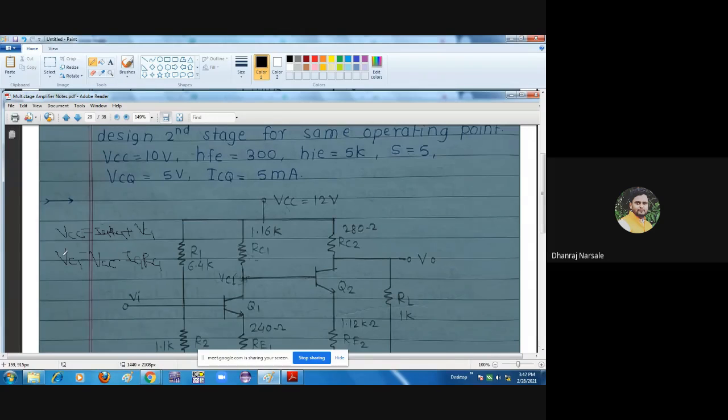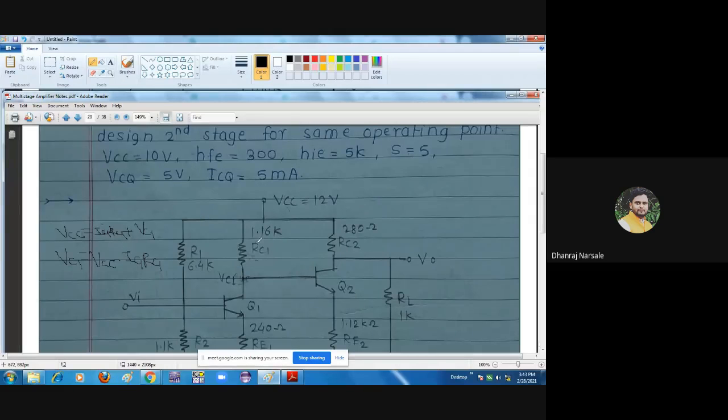किती आली शिवानी? Yes, sir. value सांगा अजून एकदा. तिथं वरती VCC दिसतंय तुम्हाला स्क्रीन वरती? VCC किती आहे तिथं? 12 व्होल्ट. IC1 म्हणजेच ICQ किती आहे? 5 मिली एम्पियर.